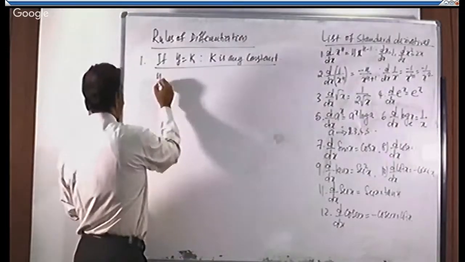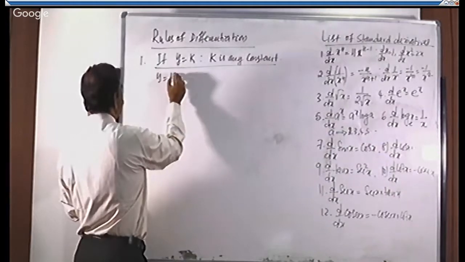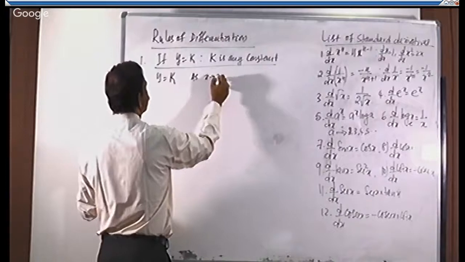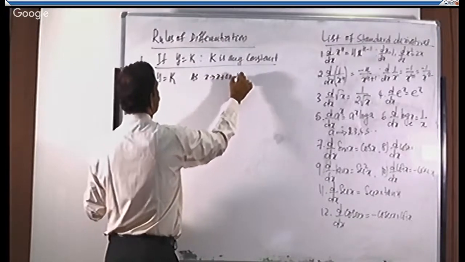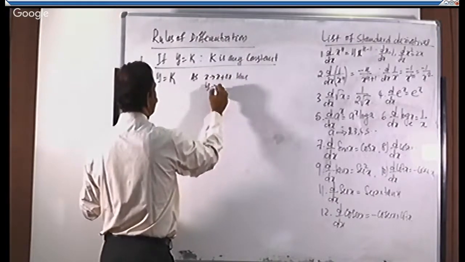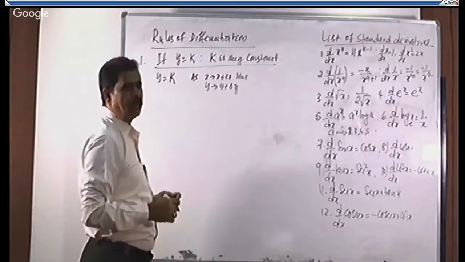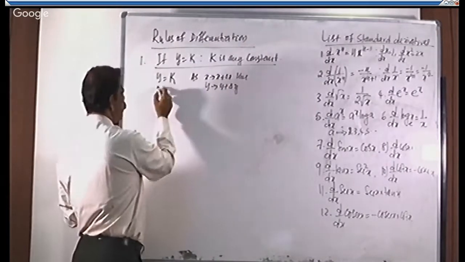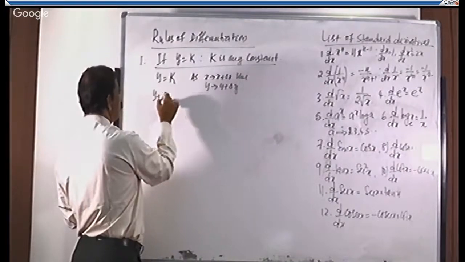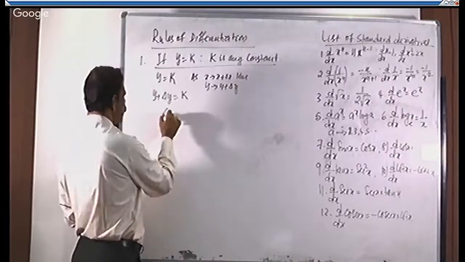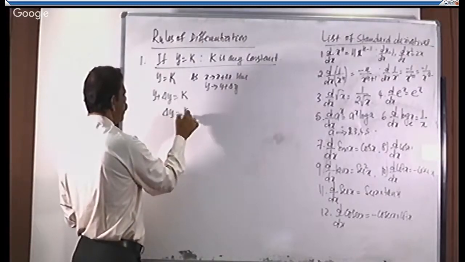Take the given thing y is equal to k. As x changes to x plus delta x, then y changes to y plus delta y. There is no x at all, it changes only in y. So y plus delta y is equal to k.